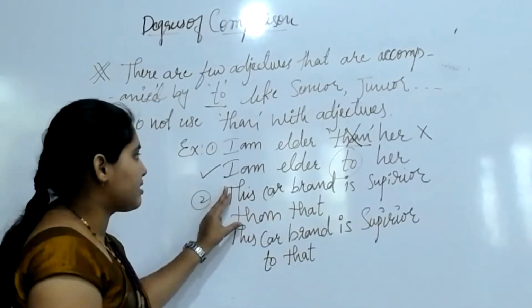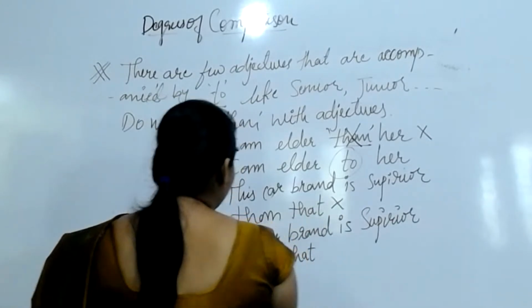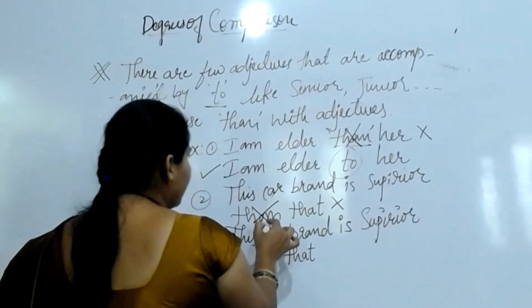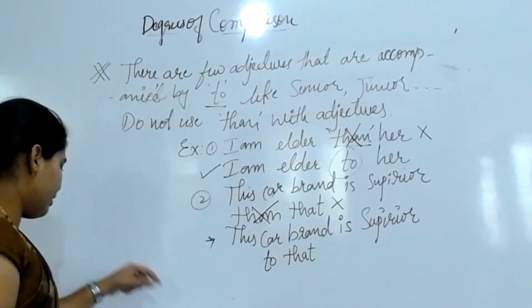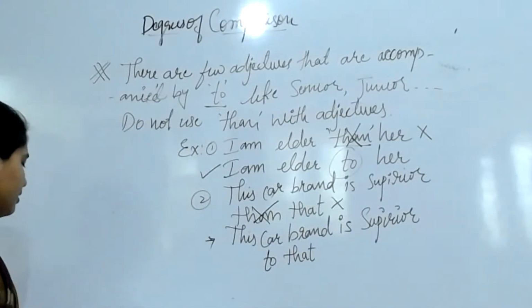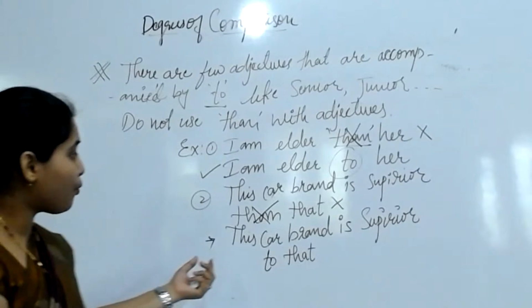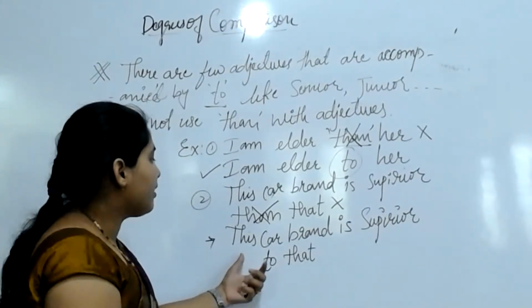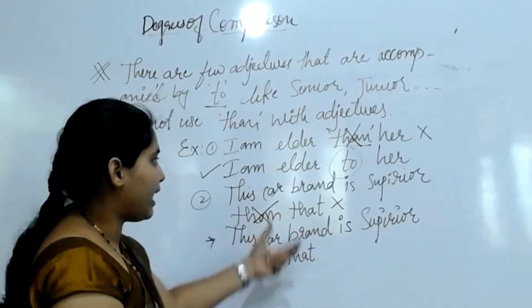You should not say it like this. In the comparative degree, you should not use than if the words are like senior, junior, inferior, preferable, elder, prefer. So what you have to use here is: this car brand is superior to that, not than that.